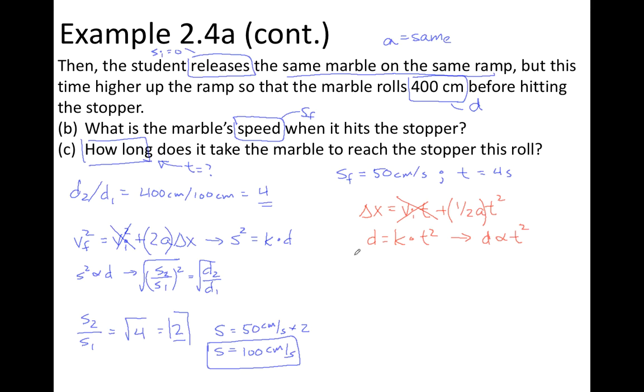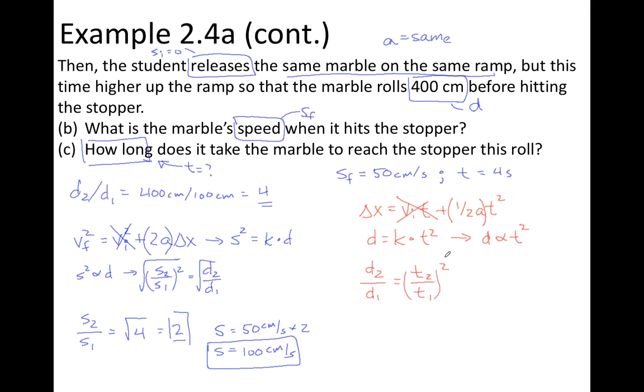And again, we can use that to set up a scaling equation. So we have the ratio of distances, which we know to be 4, is going to equal the ratio of time squared.